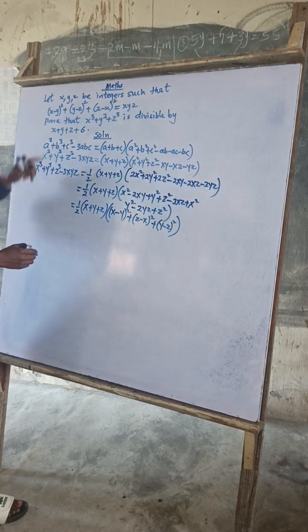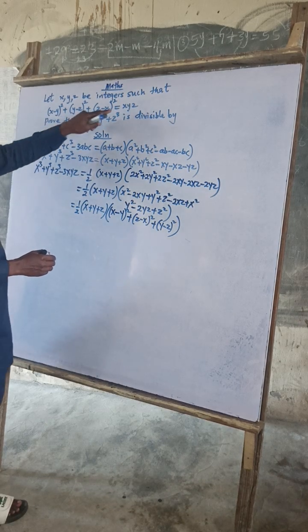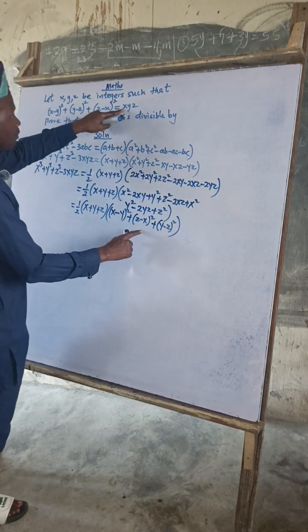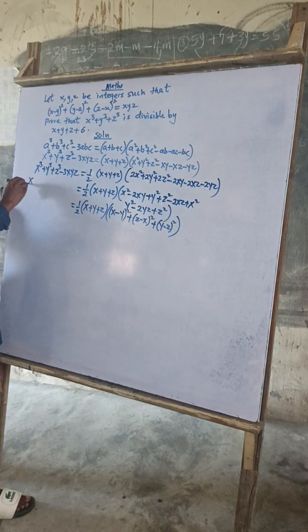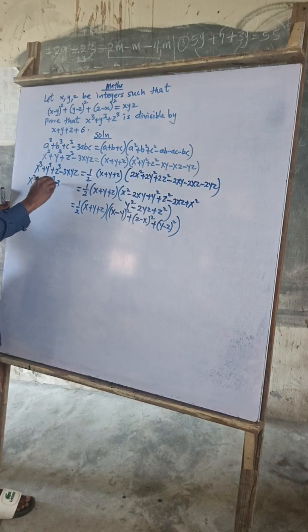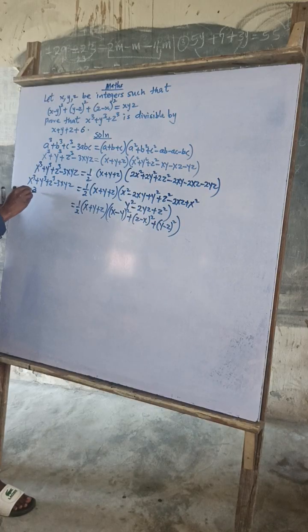Now, remember that we are given that this plus this is equal to this. Then we can replace this by using x, y, z. Then this leads to x cubed plus y cubed plus z cubed minus 3xyz. This also, we have x cubed plus y cubed plus z cubed minus 3xyz.